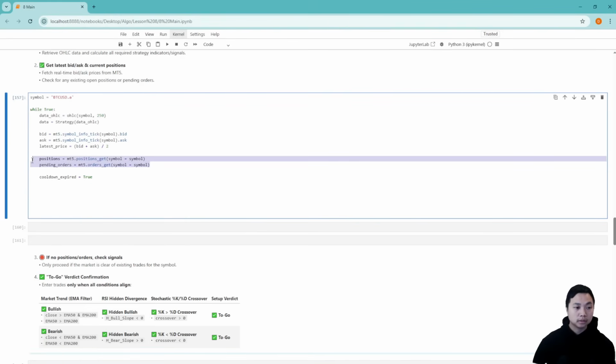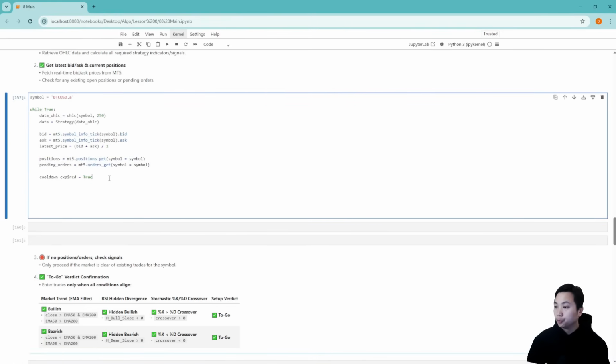These two are very important because we don't want to open multiple trades for the same signal, which helps us prevent overtrading. The cooldown here is to prevent the bot from trading the same signal repeatedly. But for the time being, we'll just set it as true.